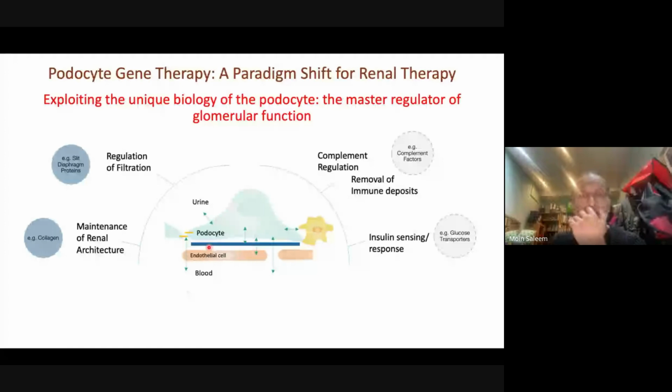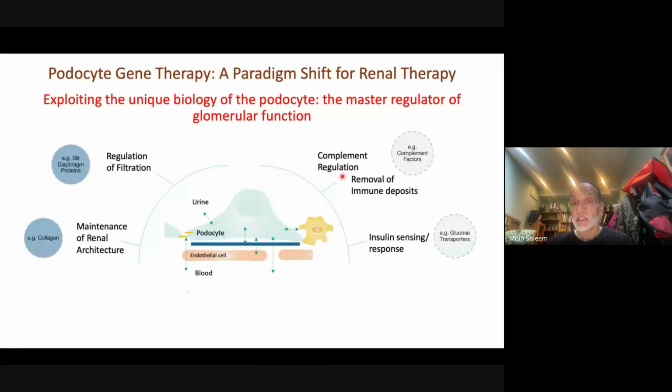And so coming back then to some of the clinical implications here, the podocyte is important for lots of different aspects and biology of glomerular function. And when it goes wrong, that includes things like maintenance of the architecture, for example, by production of collagen in the basement membrane. It regulates filtration through those slit diaphragm proteins.